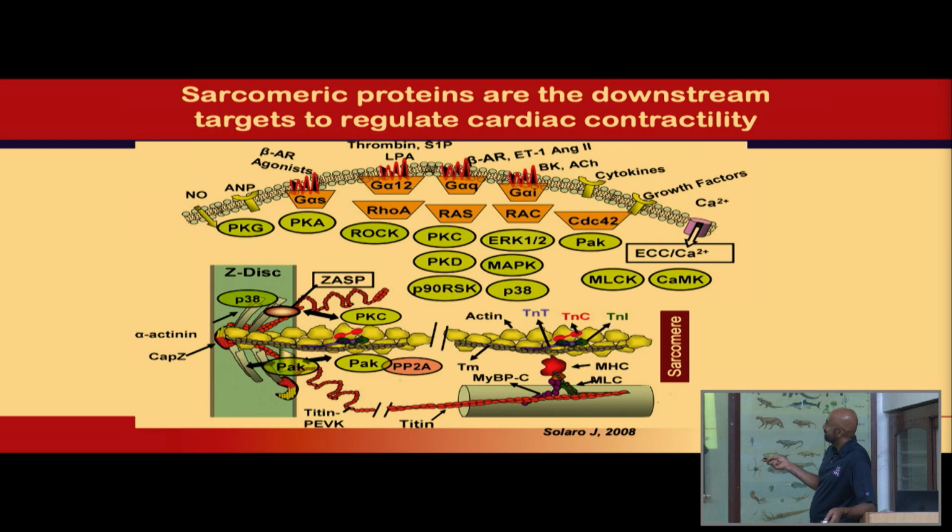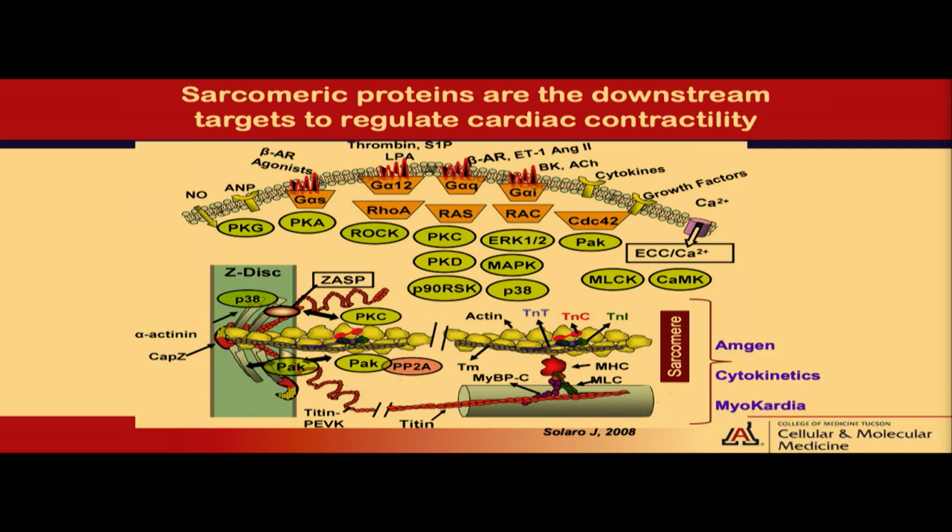You can see all these pathways and kinases can be activated, and they can directly come to the sarcomere and activate or inactivate the function of the muscle. So today companies are focusing on, instead of going through all the pathways, whether we can directly target sarcomeric proteins and then treat the disease hypertrophic cardiomyopathy.